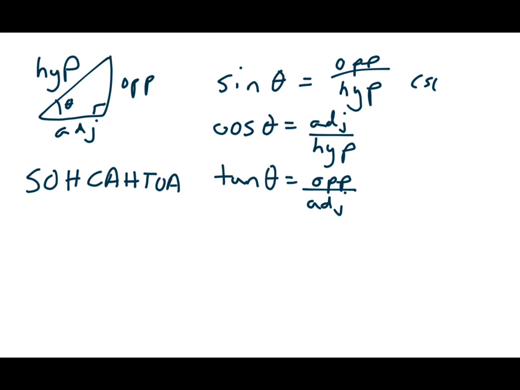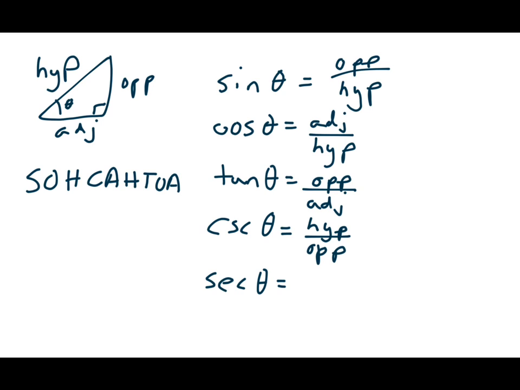Cosecant, I'm running out of room. Cosecant is hypotenuse over opposite. Secant is hypotenuse over adjacent.